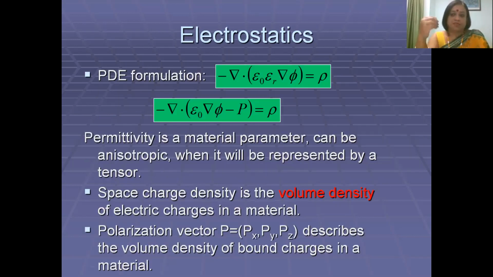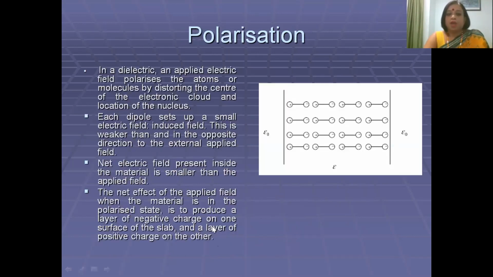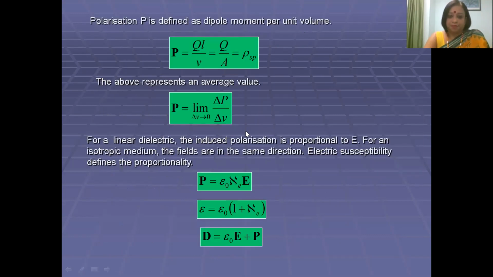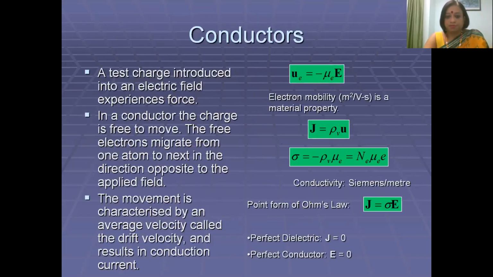So to quickly go through polarization, I have discussed this before in 634 also. When you have a dielectric and there are already dipoles within the material, in case of polar substances, or in case of non-polar substances, dipoles are set up within the material. How are dipoles set up? I'm not going to go into that discussion.